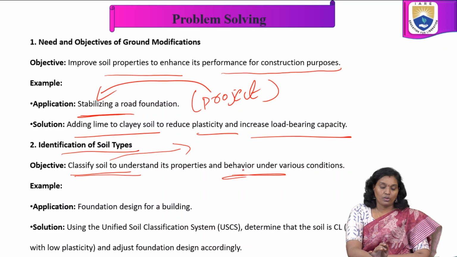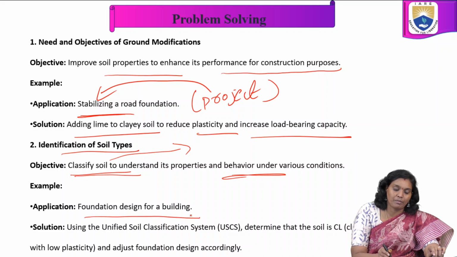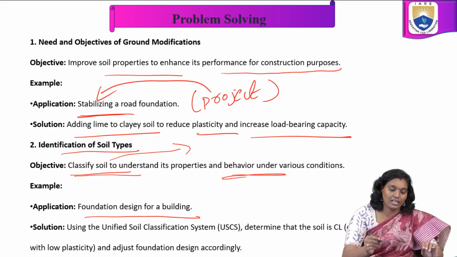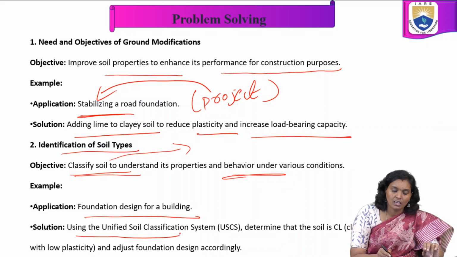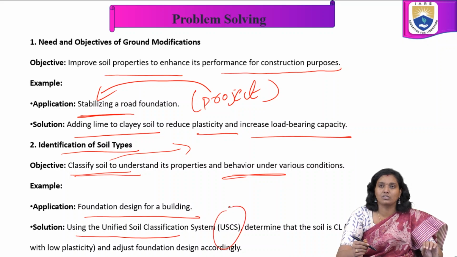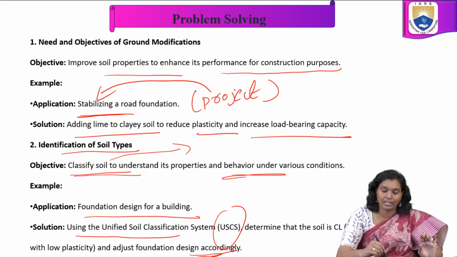So we are understanding these properties, and under various conditions we are understanding the behavior of that particular soil. Here we are considering foundation design for a building. That is the identification we are going to apply. For foundation design for a building, using the unified soil classification system, determine whether the soil is clay with low plasticity, and adjust the foundation design accordingly. These kinds of primary information we will understand in this introduction to ground modification.